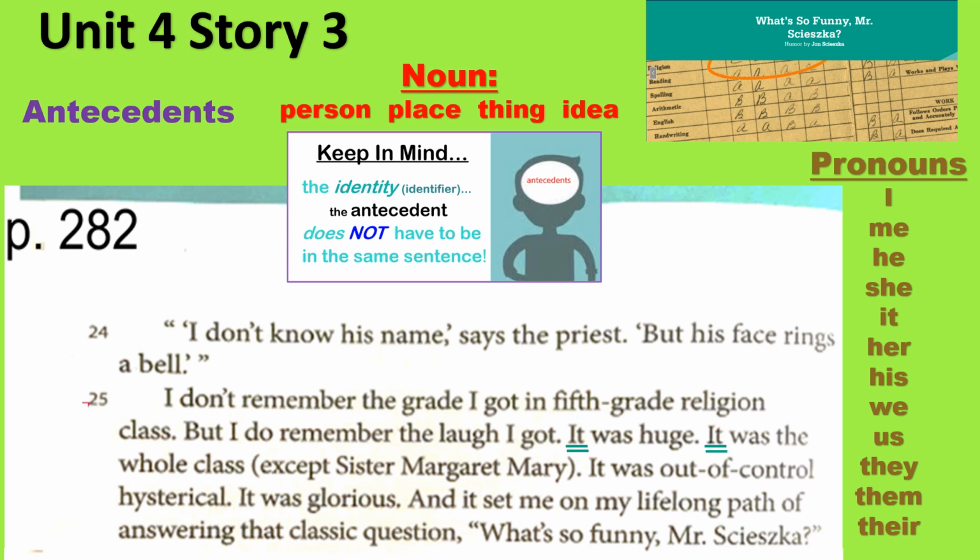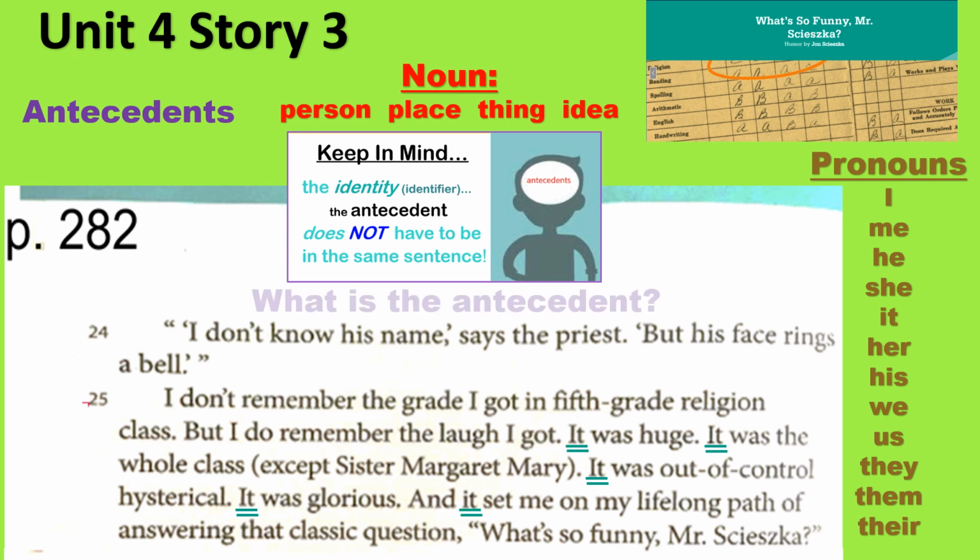So let's look at a pronoun that is repeated quite often in this section. We have it, and it, and it, and it again. Well, what is it? What is it we're talking about? What was huge? Or who was huge? What was the whole class? What was out of control? What was glorious? So we want to figure out what the antecedent is that he had mentioned previously before using it.